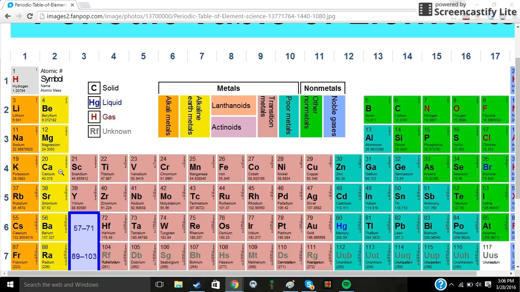If you notice, these numbers added together actually make this number. The atomic number is decided by these, like 2 plus 8 is 10, plus 9 is 19, plus 2 is 21. Let's do it with titanium. 2 plus 10 is 12, plus 8 is 20, plus 2 is 22. See? So the atomic number is most of the time decided by these. I'm not sure if all of it is, but I know most of it is.